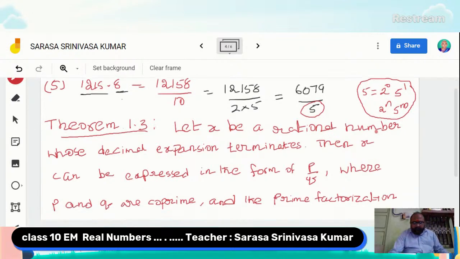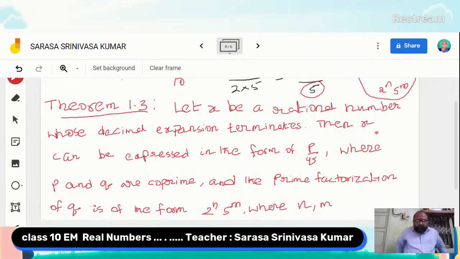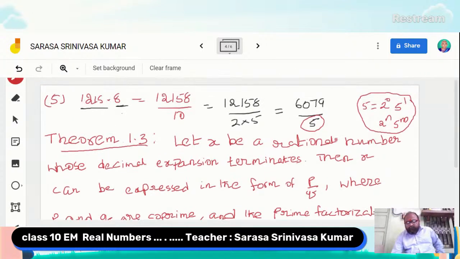That means the denominator can be expressed in the form of 2 power n, 5 power m, and P and Q are co-primes. If you observe these two numbers, 6079 and 5. Okay, I will write here.